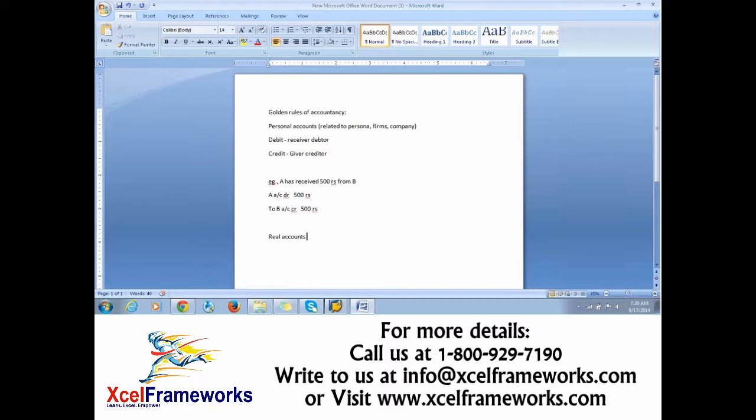Real accounts are related to assets and liabilities. Assets and liabilities. Here the rule is, whenever an asset is coming in, we debit it.